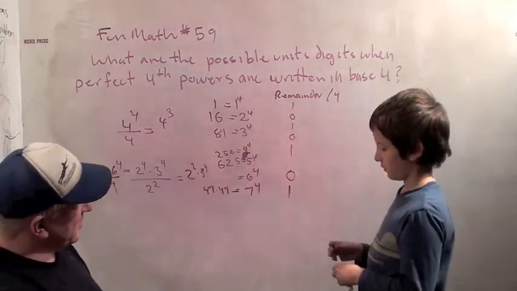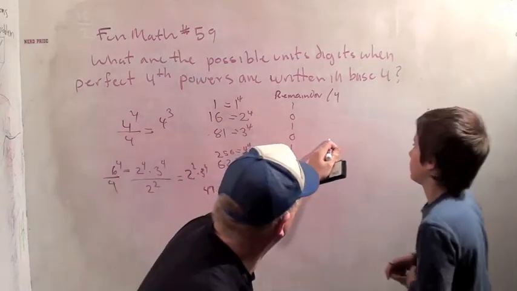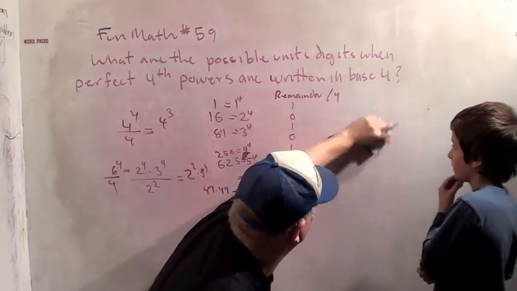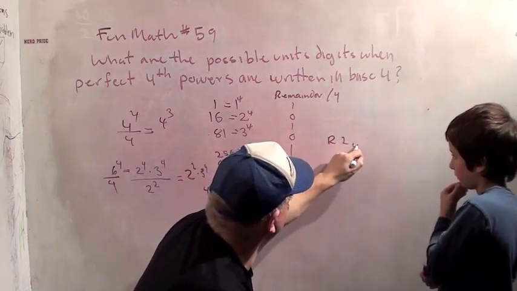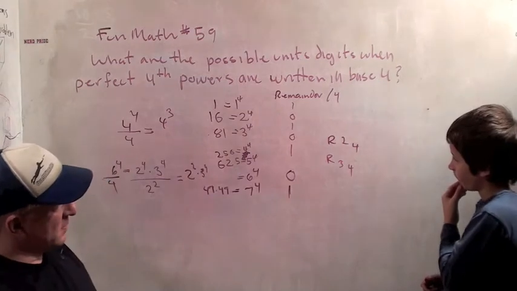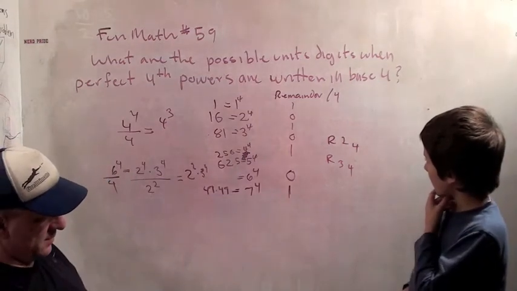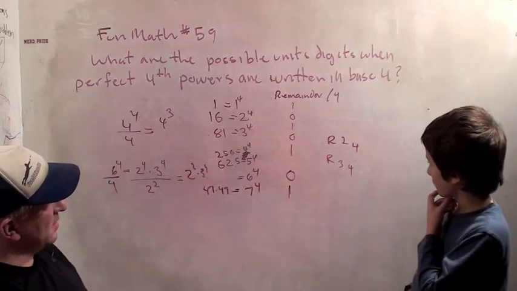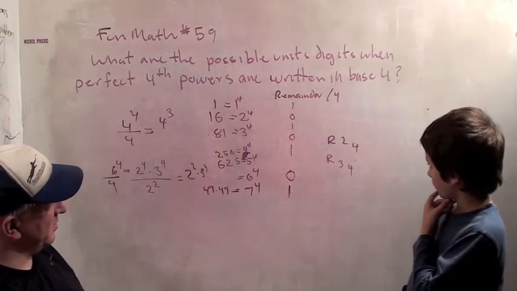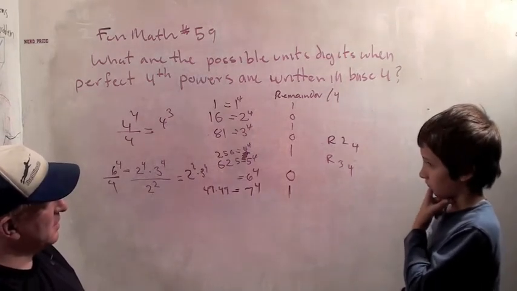Ones and zeros. We don't seem to have anything that would leave a remainder of 2 base 4. And we don't seem to have anything that leaves a remainder of 3 base 4, which is interesting. So there must be some pattern going on here, but we can't quite find it yet. But I'm going to leave it as a little bit of a mystery.